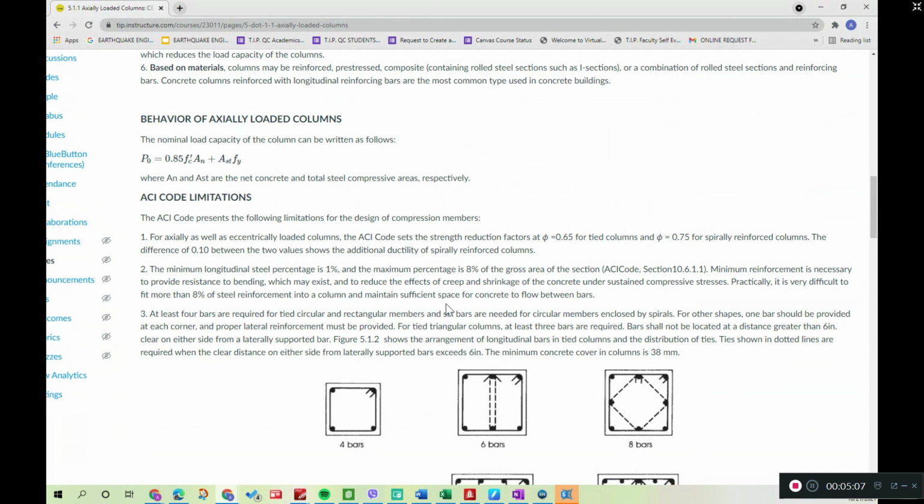And to reduce the effect of creep and shrinkage of the concrete under sustained compressive stresses. This is very important because the building will be carrying that load all through its life. I think the minimum is at least 50 years for the building.